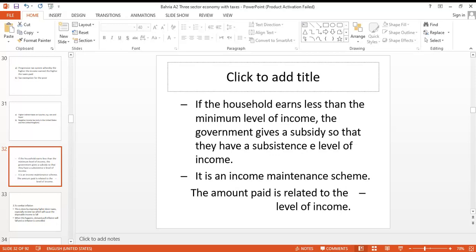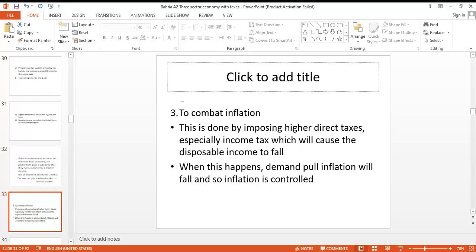And it can carry out its income maintenance schemes in various areas. Another thing that the government does with taxation is it fights inflation. Now, please do keep in mind that when you tax people, their disposable income goes down. When their disposable income goes down, they will be demanding less goods, and hence demand pull inflation will fall.